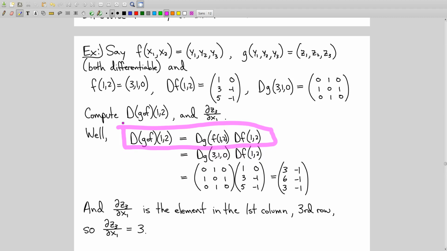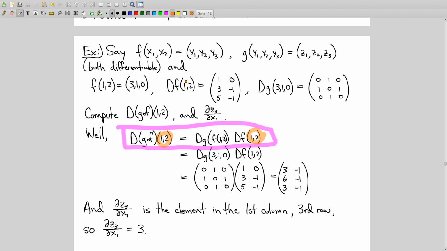Now, you do have to be careful about a couple of things. First, are these derivative matrices evaluated where they're supposed to be? That matters. Apparently, I want to know the derivative of the composition at the point 1, 2. That means that df needs to be evaluated at the point 1, 2.